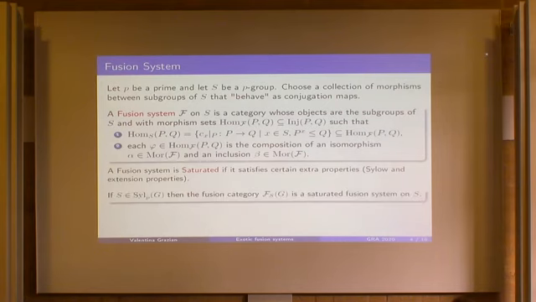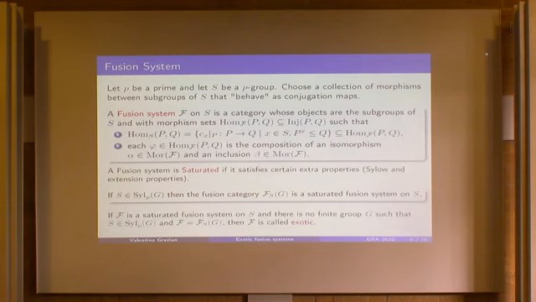Going back, if we start from a group G, we take a Sylow, we build the fusion category, this is a saturated fusion system on S. The interesting thing is that sometimes you can start from a P-group, you can select morphisms between subgroups that satisfy all your axioms, even the saturation axioms, but you cannot find any finite group G containing your P-group as a Sylow and realizing the maps you have selected.